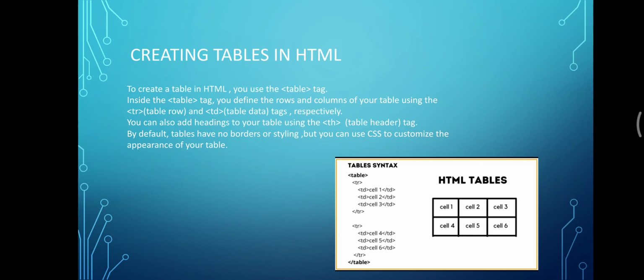And td, what is written as cell 1, cell 2, cell 3, is the table data, which can be written by using the tag called td. And another one is th, the table header, like the HTML table heading you can see in that snapshot. So by using th you can give the heading to the table.